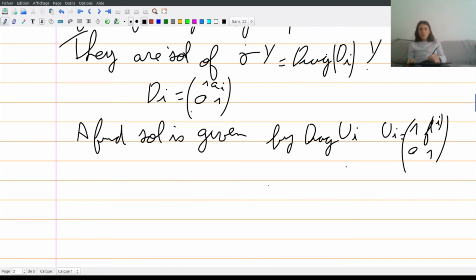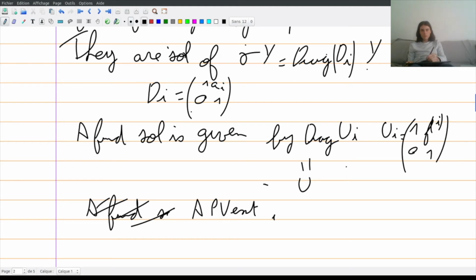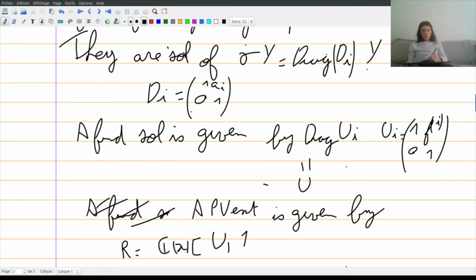So let me call this matrix Q. So a fundamental solution, the Picard-Vessiot ring extension, is given by R, which equals C of X, U1 over determinant of U, that you quotient by a maximal sigma ideal.